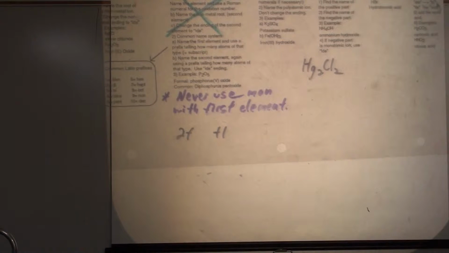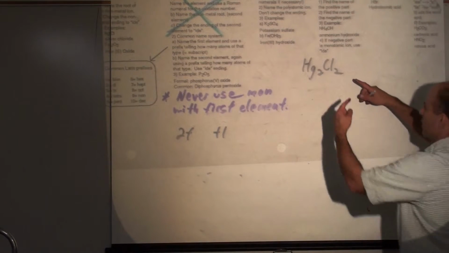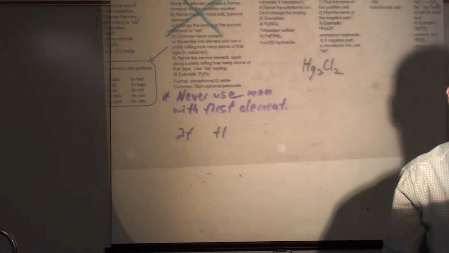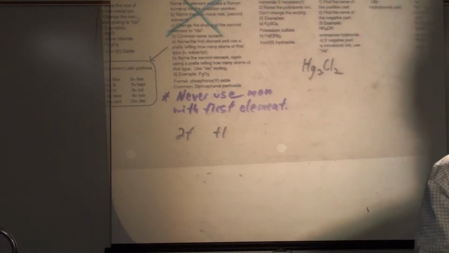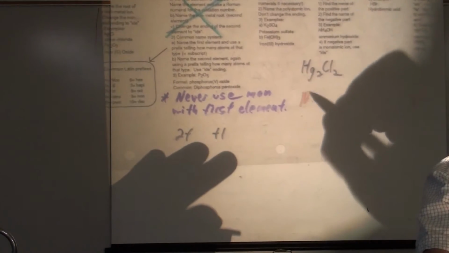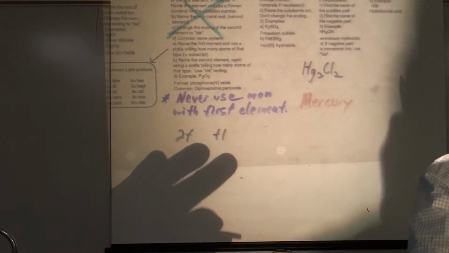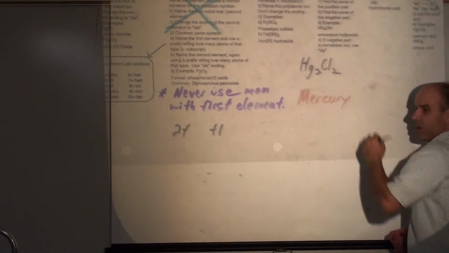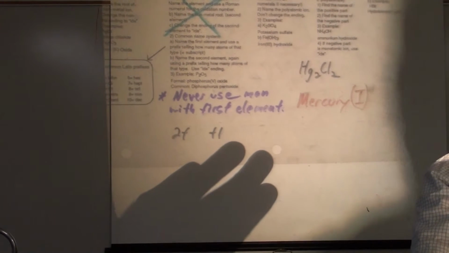You really can't switch the numbers. You really kind of have to remember that if it's 2 and 2, you write it as 2 and 2, then it's mercury 1.